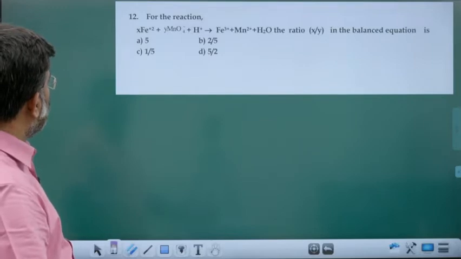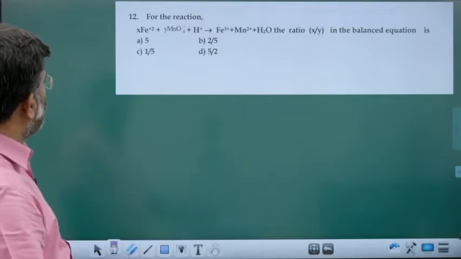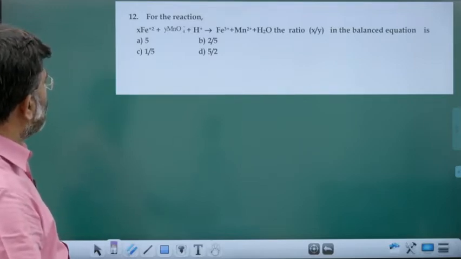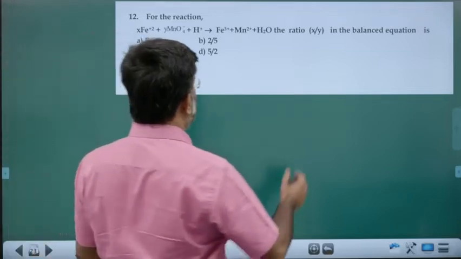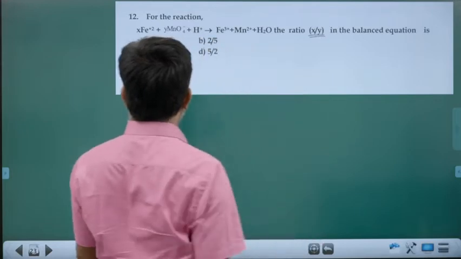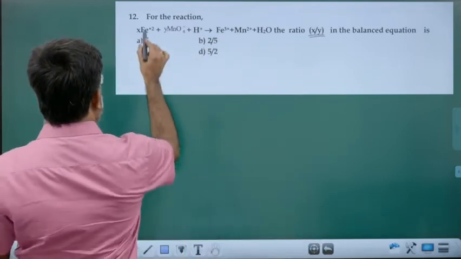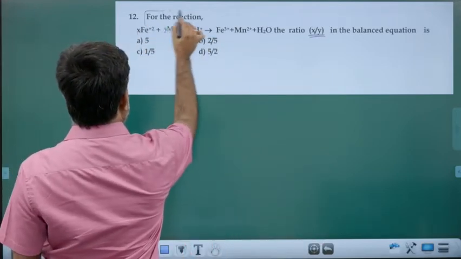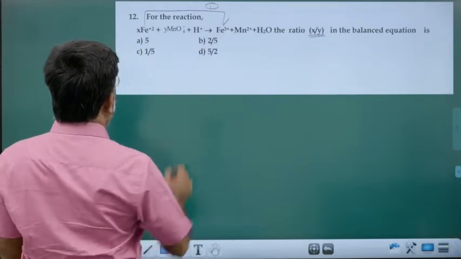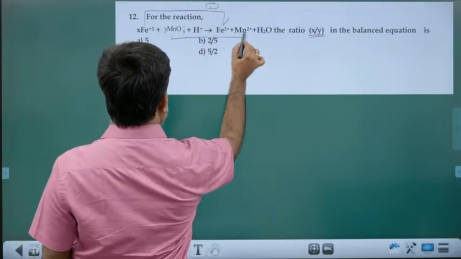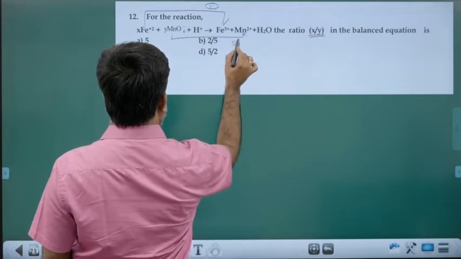X mole Fe2+ and Y mole permanganate give ferric and Mn2+ in acid medium. The ratio of X by Y is asked. Again, a similar type of question. Ferrous is oxidized to ferric, n factor is 1. Permanganate is reduced to Mn2+, n factor is 5.